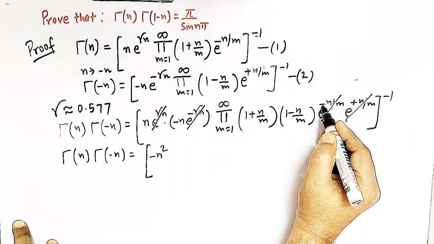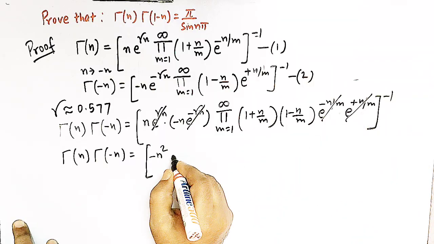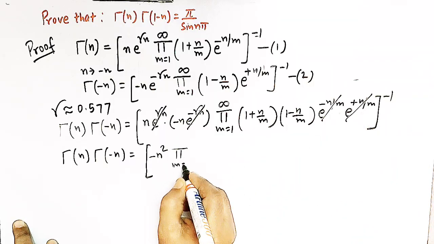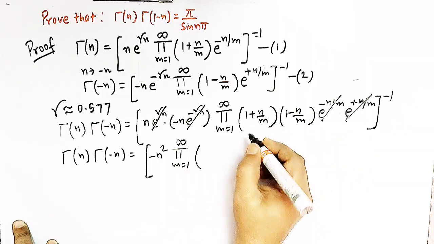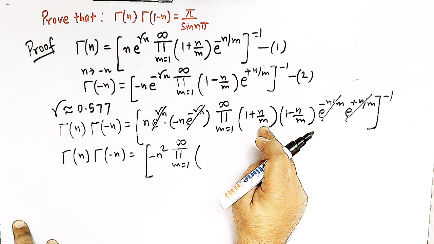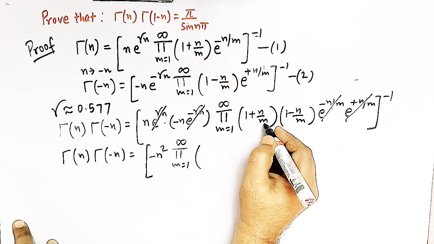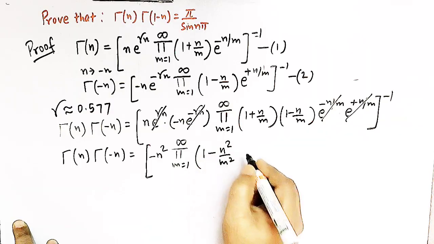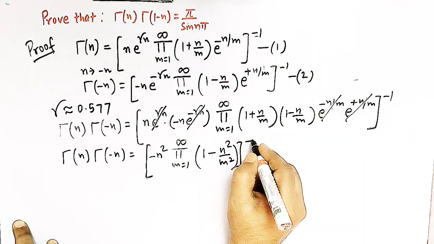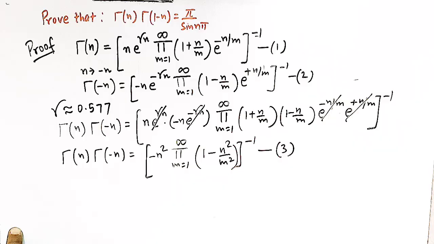Here we have minus n over m and positive n over m, and now we have the product from m equal to 1 to infinity, and here we can apply the identity (a plus b)(a minus b), that is 1 square minus n square over m square. So we have 1 minus n square over m square, right? And here we have minus 1. So let us call this equation number 3.